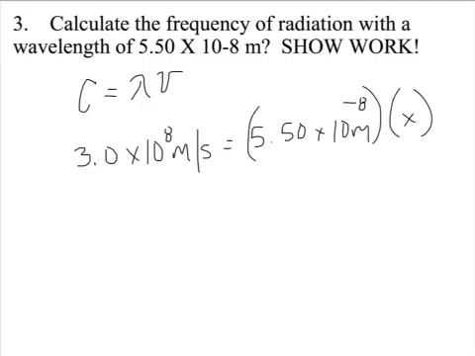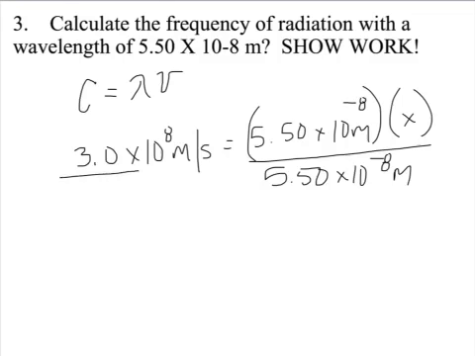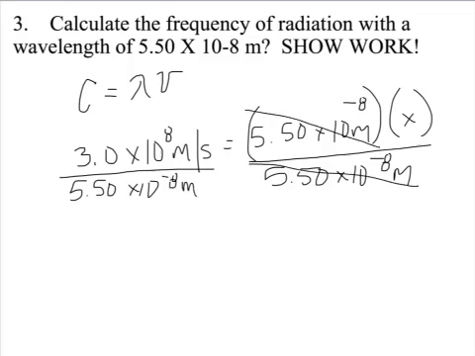And so to solve this formula, I need to get nu by itself. I'm going to divide both sides by 5.50 times 10 to the negative 8th meters. I will do the same over here, 5.50 times 10 to the negative 8th meters. This whole side cancels out. Notice the meters are going to cancel.